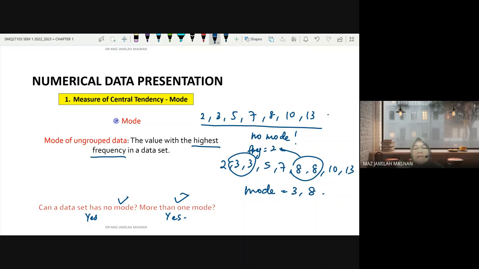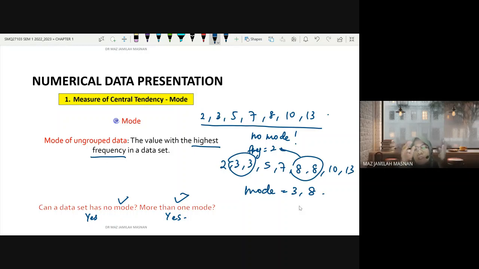Okay? Clear? So class, the mode, we call it a measure of central tendency. But sometimes it will not be located exactly in the middle. It depends on the distribution of your data, meaning how your data repeated in your data set.